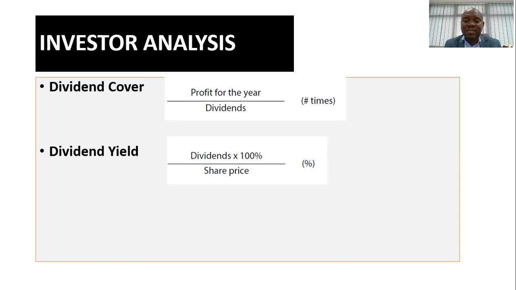Depending on the dividend policy, if you're showing that your dividends will be growing on a yearly basis, you expect many people to subscribe to those shares, and because the demand is high, the share price will go up. So how is your share price able to yield the dividends?